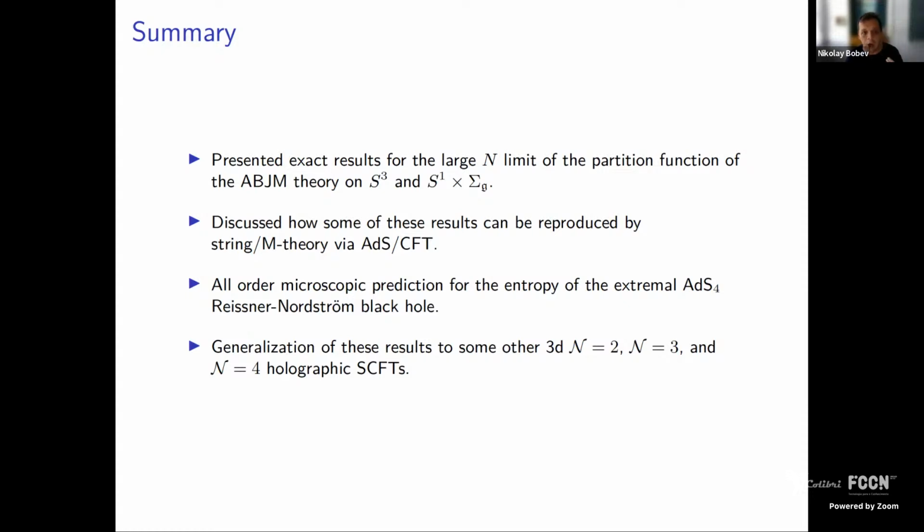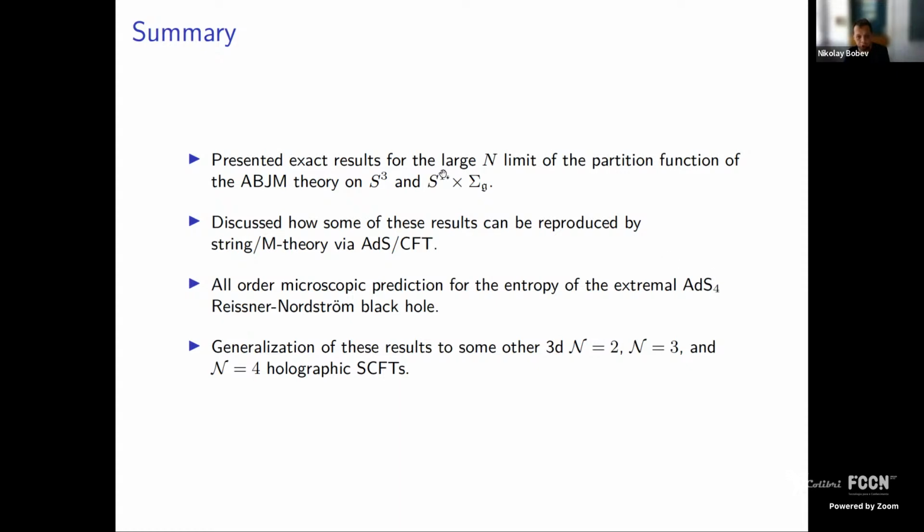I told you about some results which I called exact, but they are not exact because I'm missing exponentially small terms, but almost exact, of the partition function of ABJM theory on S3 and S1 times the Riemann surface. I told you how these connect to results in string and M theory in AdS/CFT.